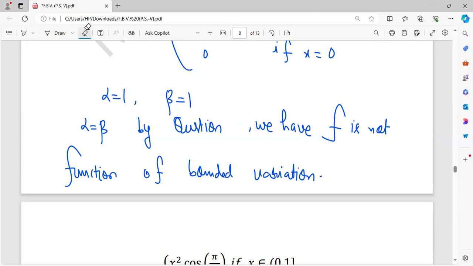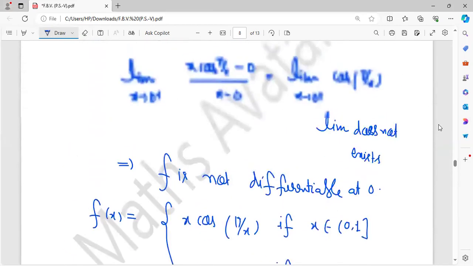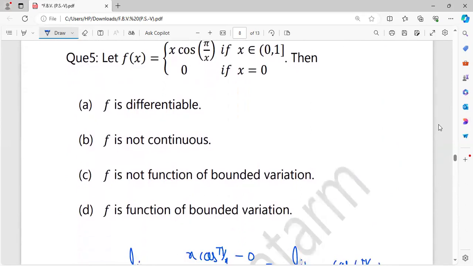And beta is 1. So alpha is equal to beta. By question 3, f is not a function of bounded variation. When alpha is greater than beta, the function is of bounded variation, but here alpha is equal to beta, so f is not a function of bounded variation. So option number C is correct.